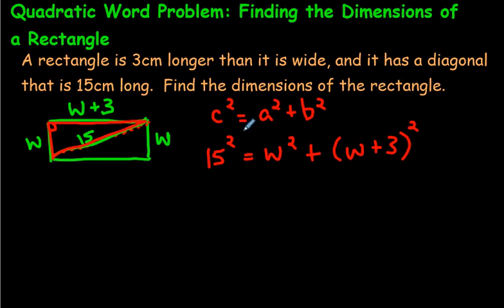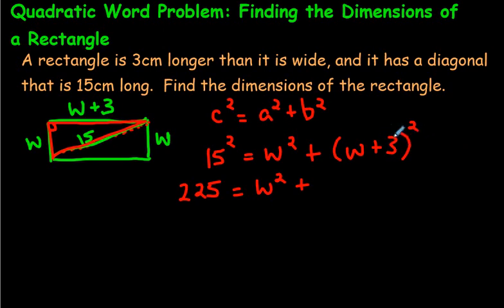At this point, we can put everything together. 15 squared we know is 225, if we multiply that on a calculator. Then we have W squared, and over here we have W plus 3 squared. That's like saying W plus 3 multiplied by W plus 3.